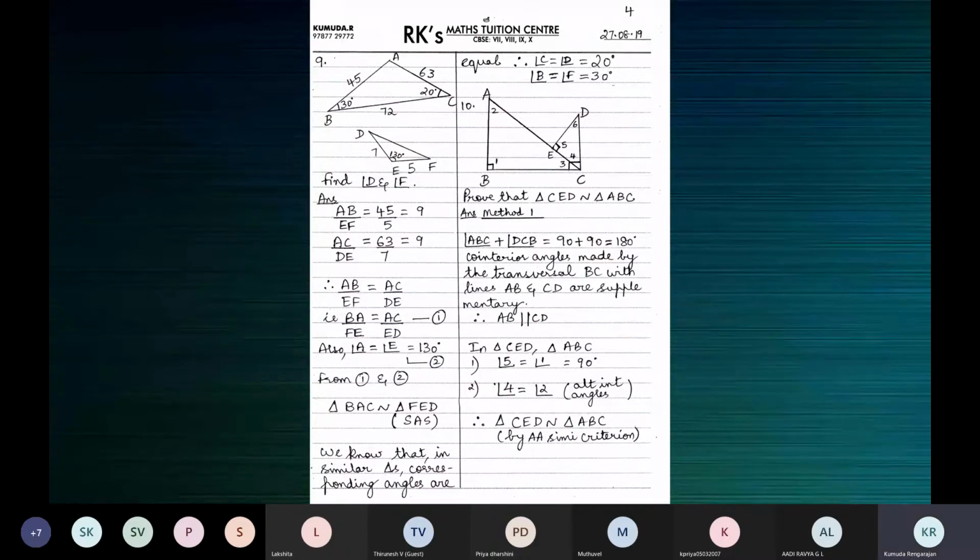We stopped here in the 10th one in the last class. We have an alternate method to this proof. We'll see that now.